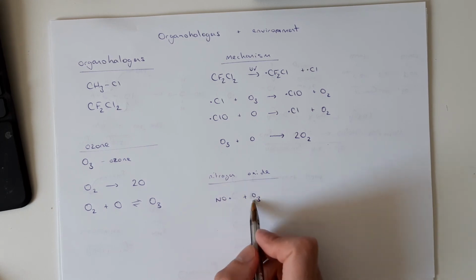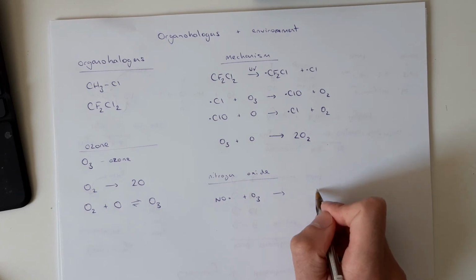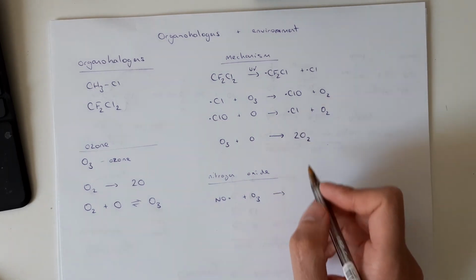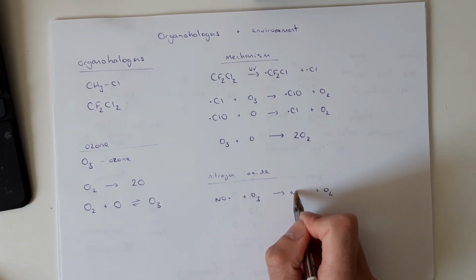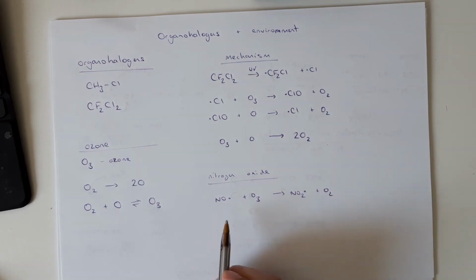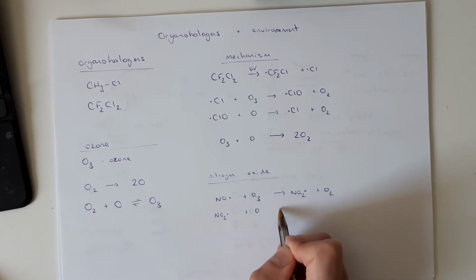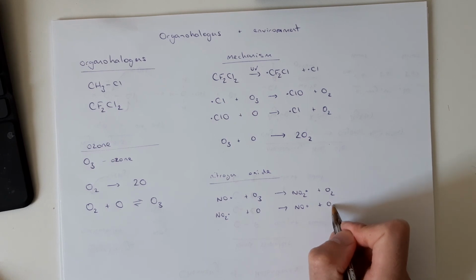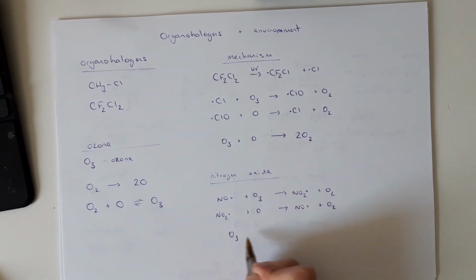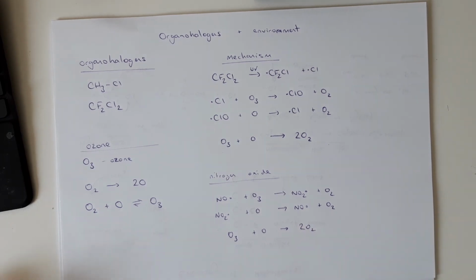NO radical plus O3, you can probably guess following the pattern up there what this is going to form. Definitely O2, and if we've lost an oxygen from there, then we're going to get the NO2 radical now. That NO2 radical is going to react with oxygen to go back to our original radical plus another O2, and that follows the same mechanism. Sorry, the same overall equation then.